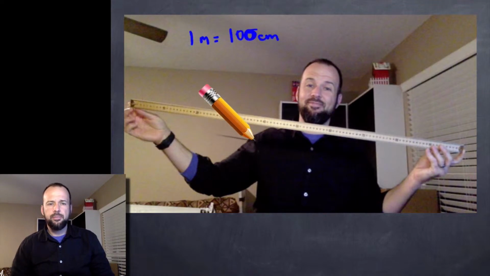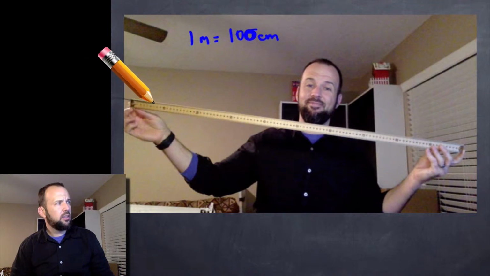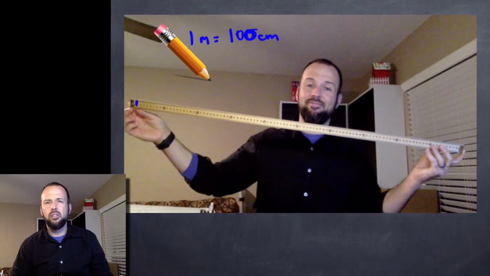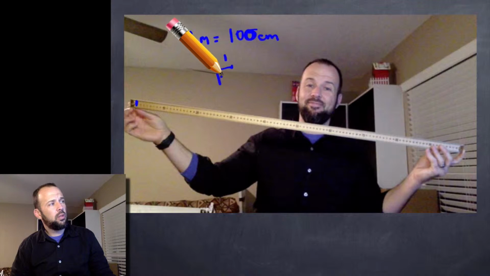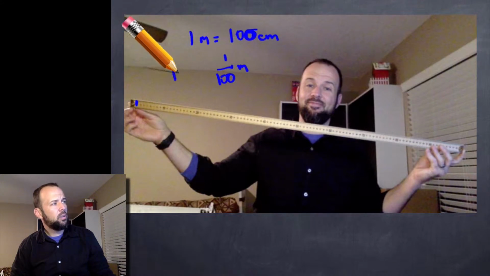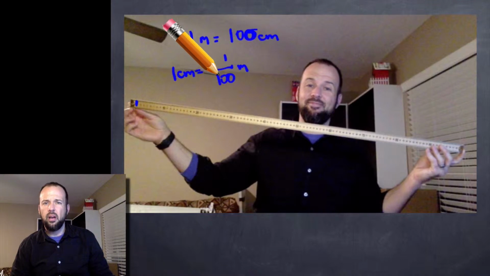centimeters. So then what fraction of a meter would 1 centimeter be? If I was marking 1 centimeter on here, what fraction of a meter do you think that would be? Well, it would be 1 out of those 100 centimeters, so it would be 1/100th of a meter. So we could say that 1 centimeter is equal to 1/100th of a meter.